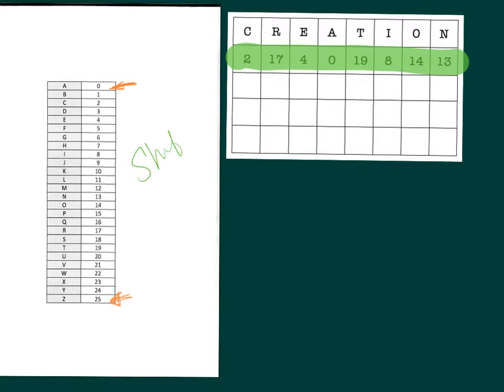So shift down 7, which means I'm going to go down 7 spots. In this row, I will add 7.